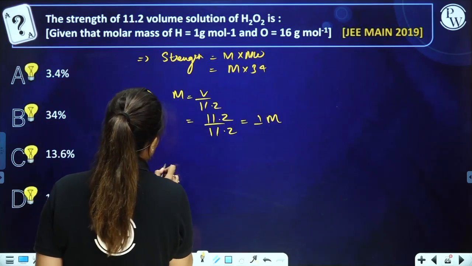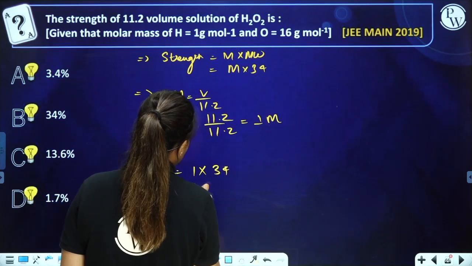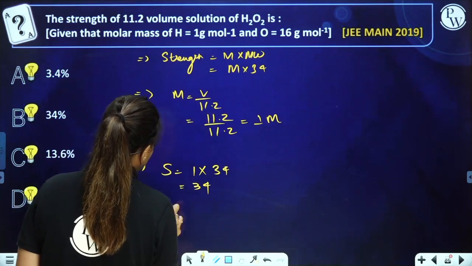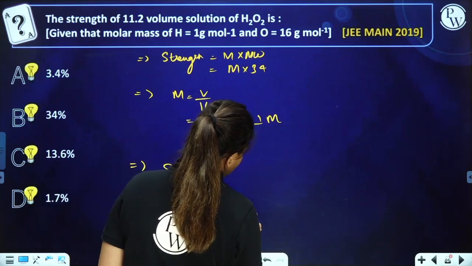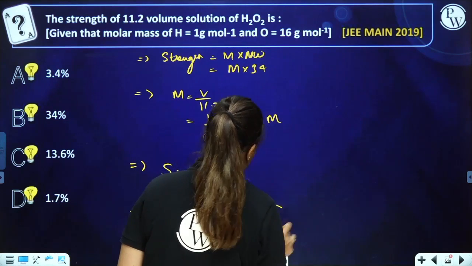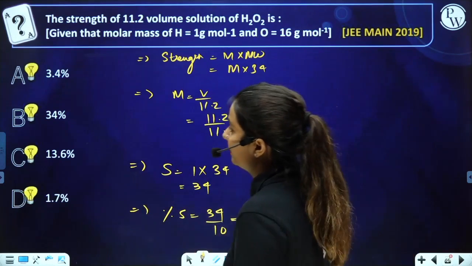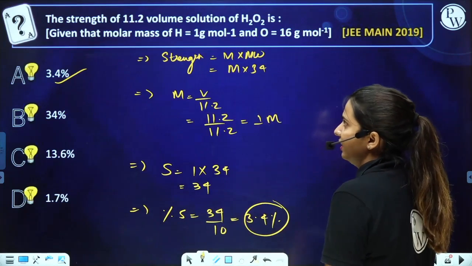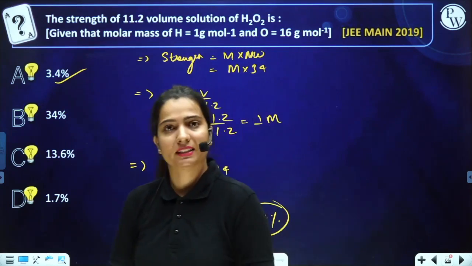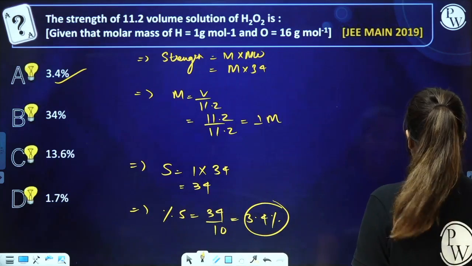Strength is 1 into 34, this is 34. If they are asking you the percentage strength, it will be 34 divided by 10, which comes out to be 3.4%. They are actually asking the percentage strength, though they have not written it properly in the question. So you have to go through the question very nicely.